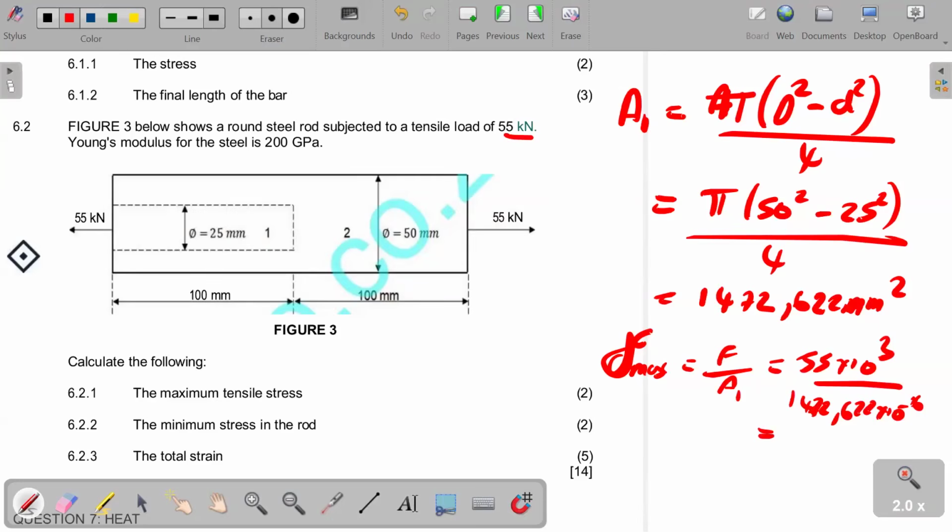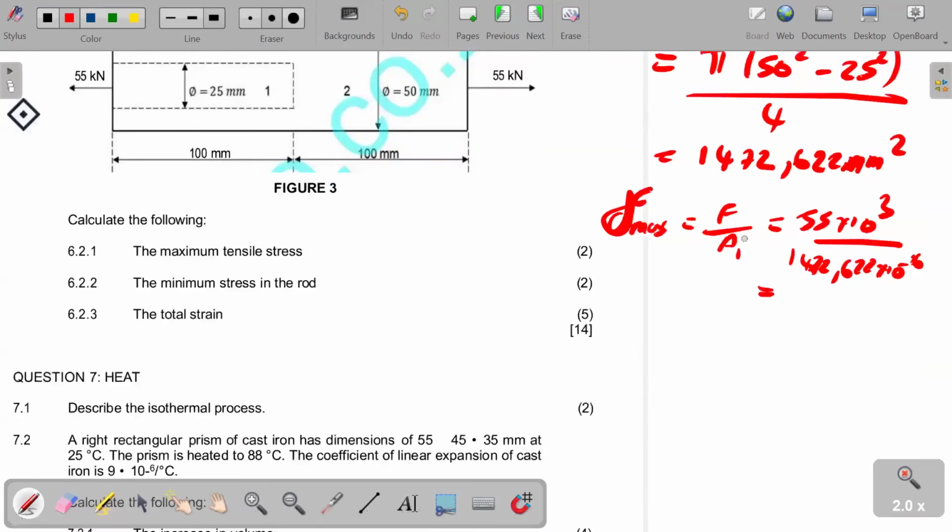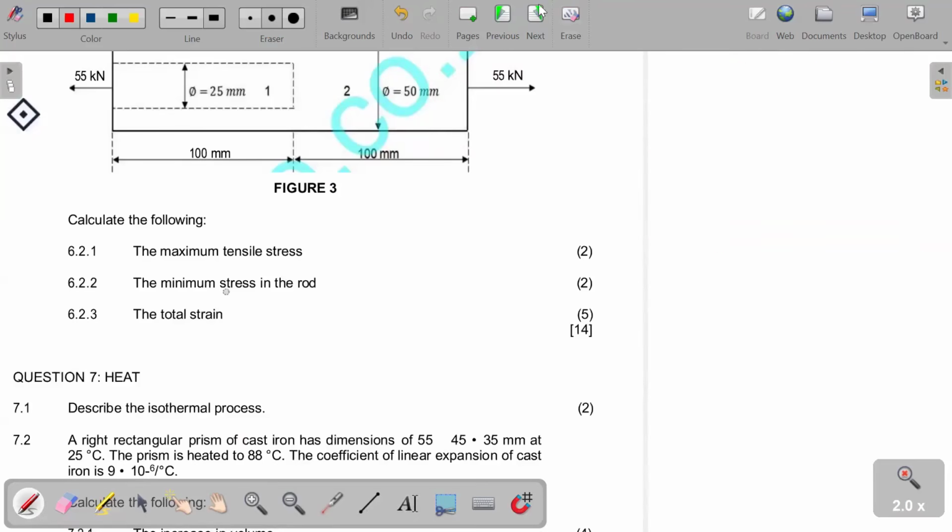And that in turn gives us 37.348 megapascals. That now serves as the maximum tensile stress. So it takes us then to the minimum stress in the rod, 6.2.2.